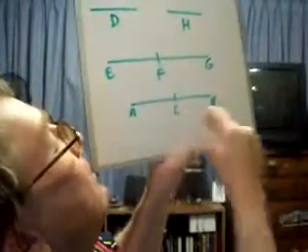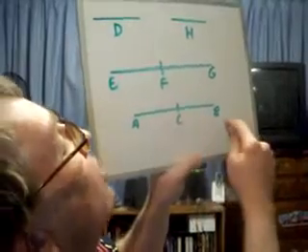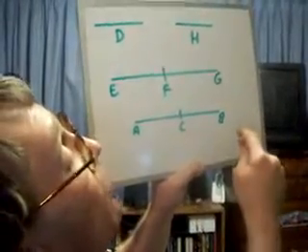Now since as BA is to AC, so is the square on EF to the square on FG, which we've already established, therefore convertendo as AB is to BC, so is the square on EF to the square on H. So as this whole length here is to this whole length here, that's the first part of your ratio.